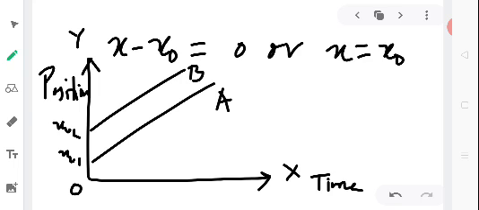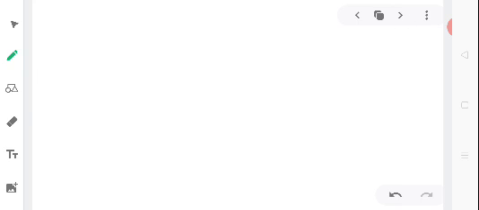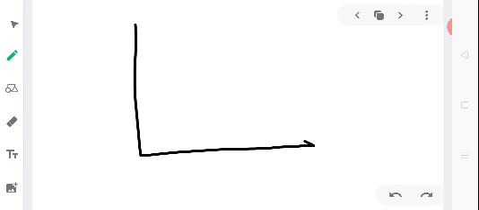But how should the graph for relative displacement look like? Again, for that I need to draw the axis.